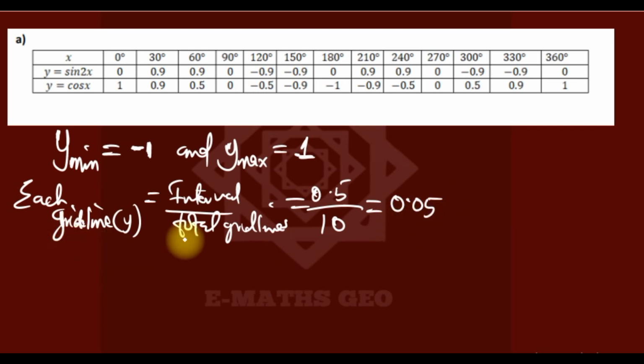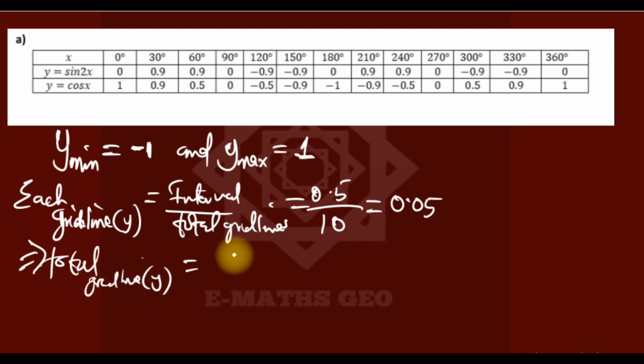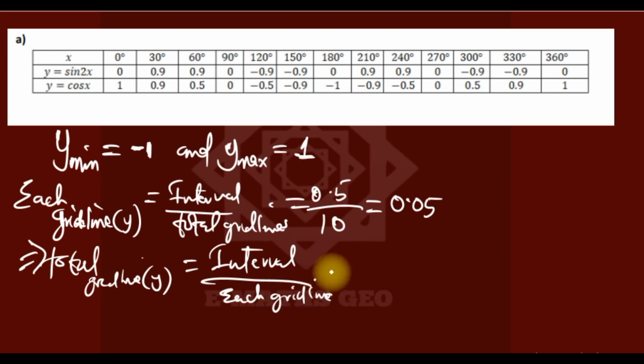To locate a particular value, y will be the interval over each grid line. Each time I'm looking for a value, if it's not seen visibly, I divide that value by 0.05.